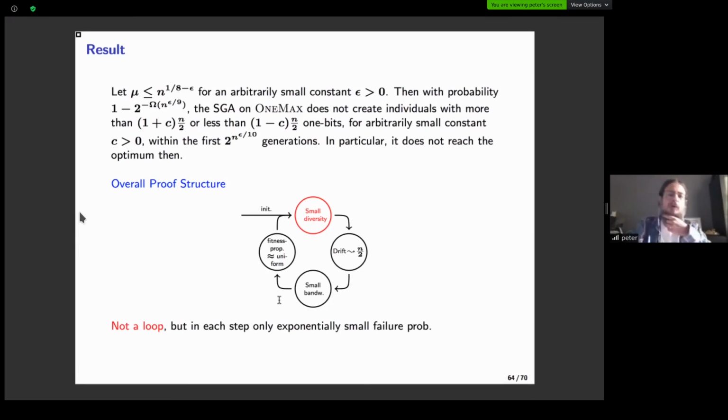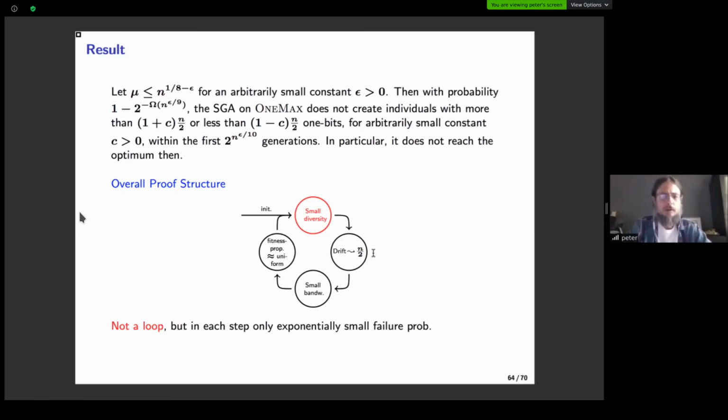So the whole proof idea is that at the beginning we start with a population initialized uniformly at random that has more or less n/2 ones and half zeros, and the diversity at the beginning will be small. But if the diversity is small, we can apply the negative drift theorem because crossover cannot make the large jumps, as we discussed earlier.